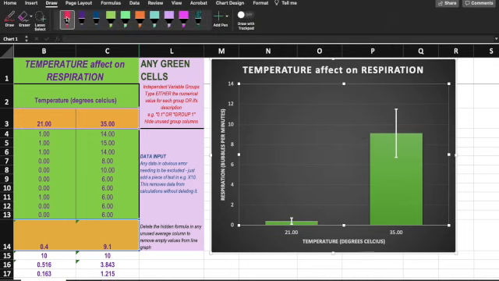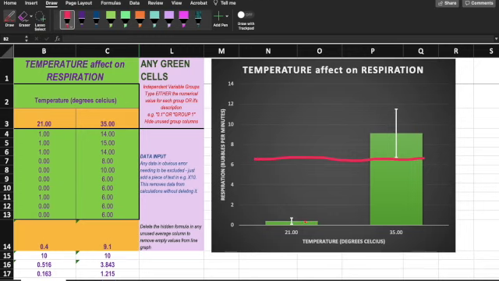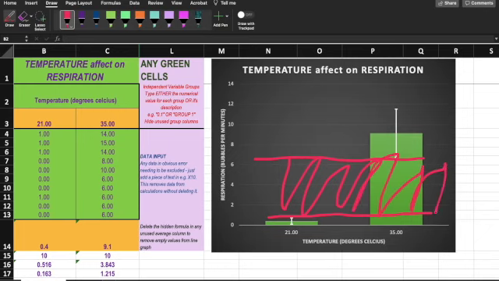So if I had to draw on this, here's the bottom of this error bar here, and here's the top of this error bar here. There is a really decent difference between the two groups. They do not overlap. In fact, they are actually miles apart. So we can say there is a significant difference between these two groups.